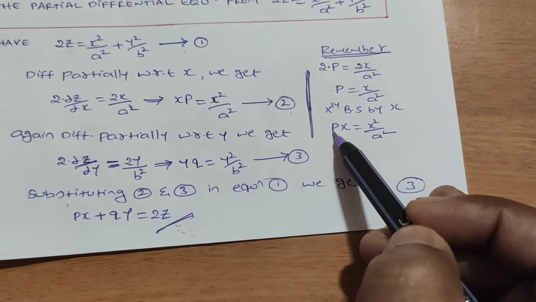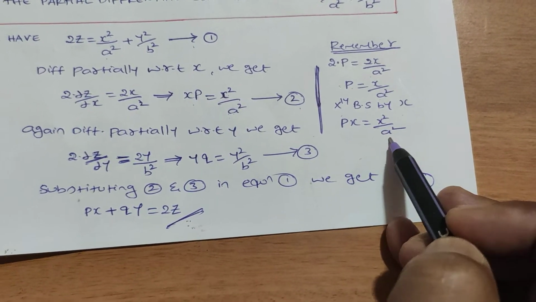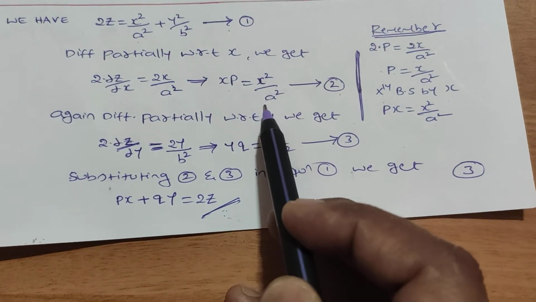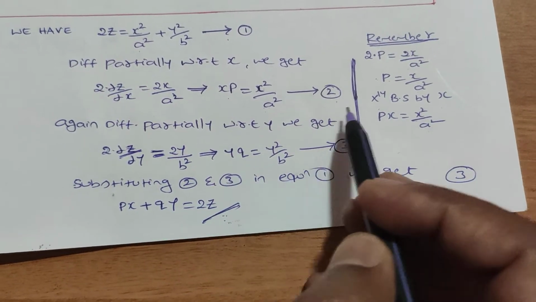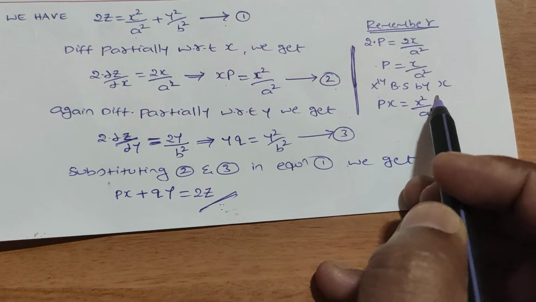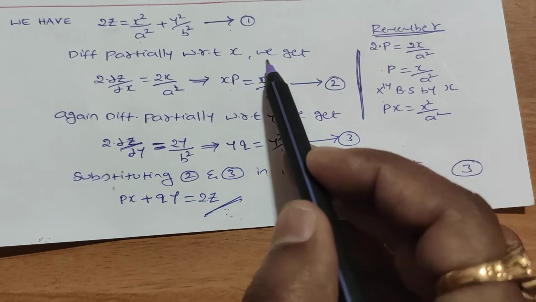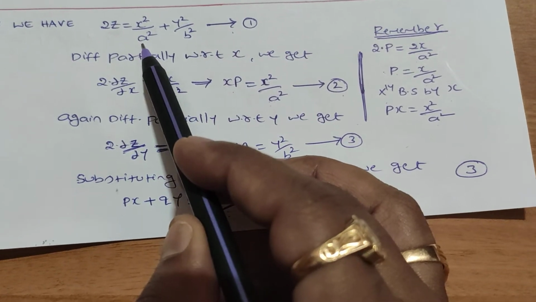We observe that px = x²/a². So remember the point: multiplying both sides by x, we get the value of x²/a², so we are replacing x²/a² with xp in the given equation.